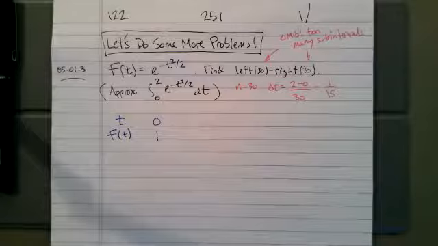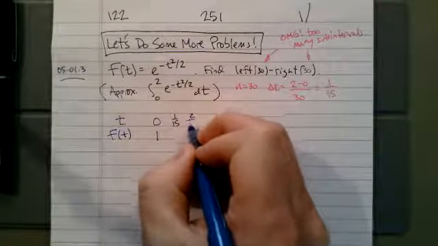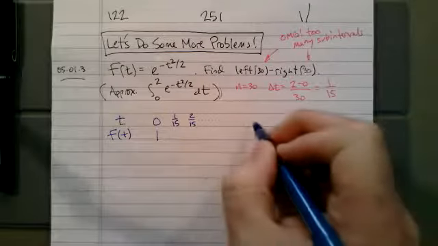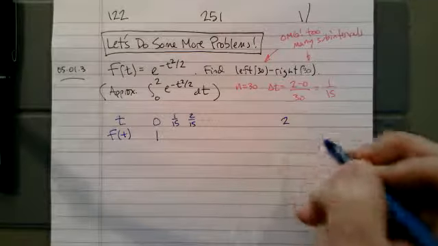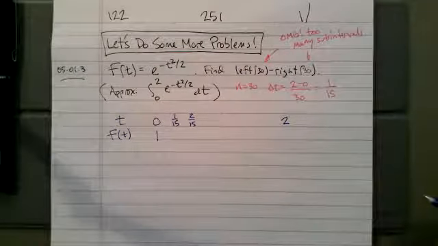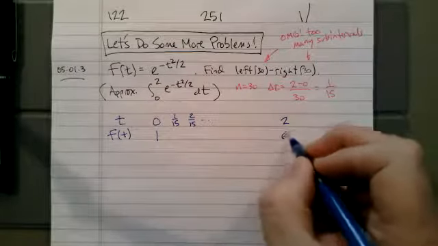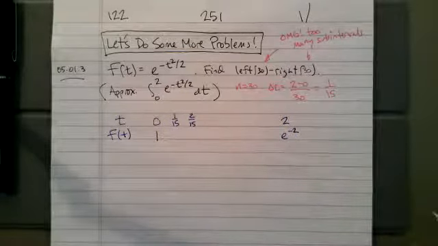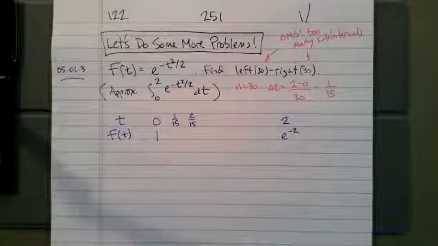Then we'll have 1/15, and then 2/15, and all the way up to 2, where we end up with e to the minus 2 squared over 2, so e to the minus 2. These end ones are the only ones that don't cancel out.